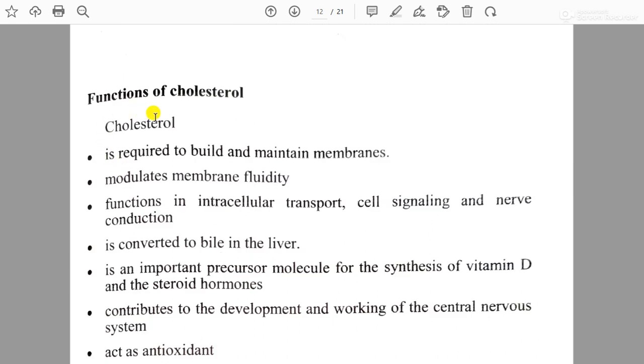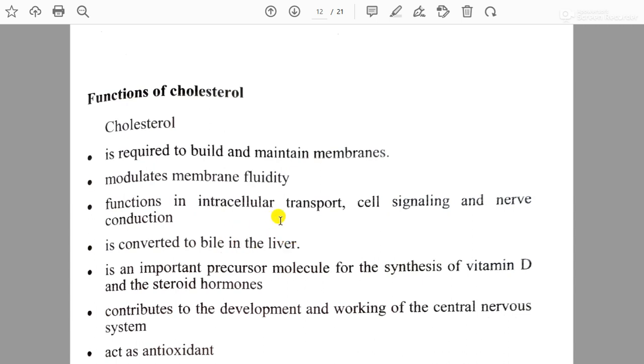Now let us see the functions of cholesterol. Cholesterol is required to build and maintain membranes. The second function is modulating membrane fluidity. It also functions in intracellular transport, cell signaling and nerve conduction, and it is converted to bile in the liver.